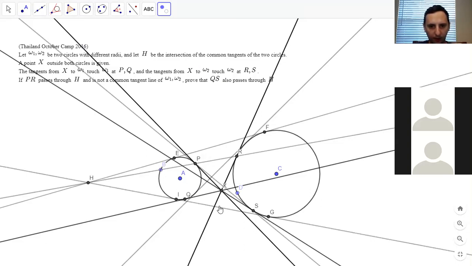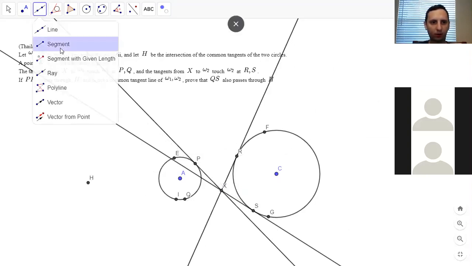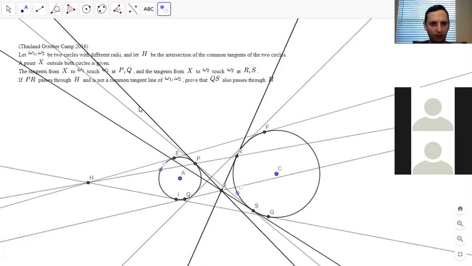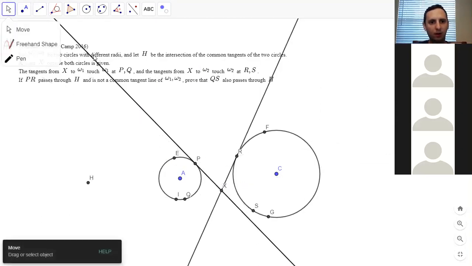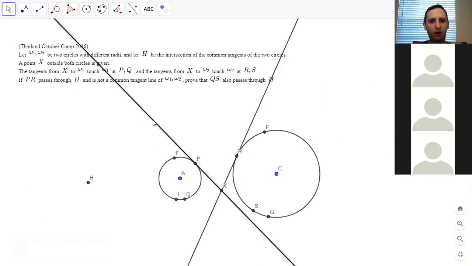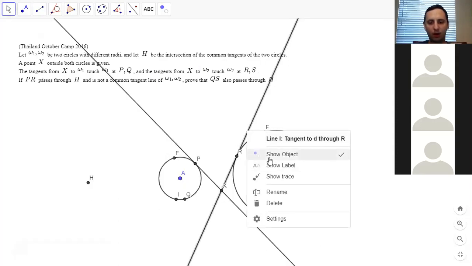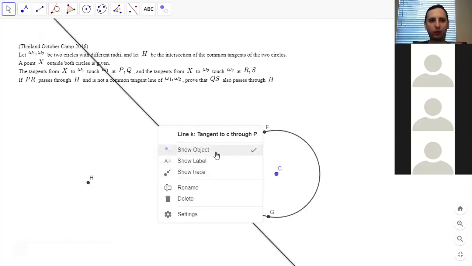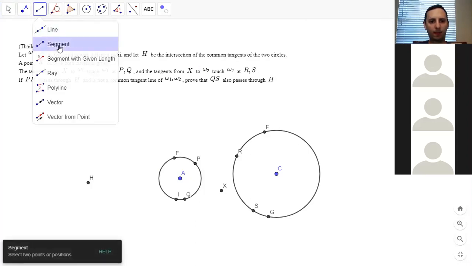I'll hide B and D and try to make these lines shorter. Oh, whoops, that didn't hide that much. Actually, you cannot hide it that way. You should select it and then hide. You're right. Okay, I think I have to hide it twice, because I think I drew the tangent twice.